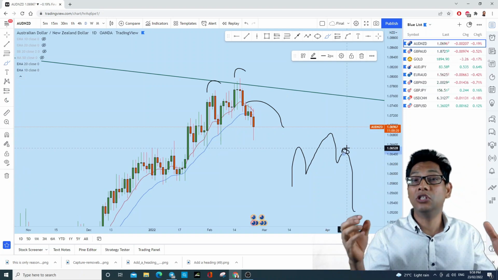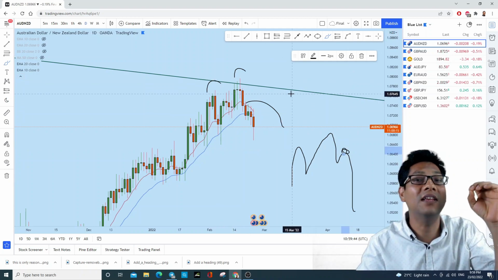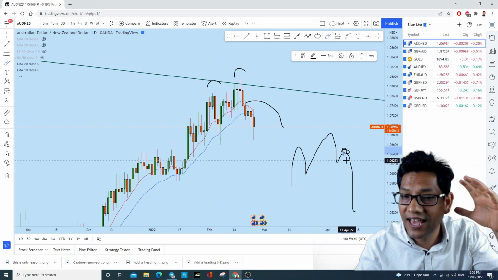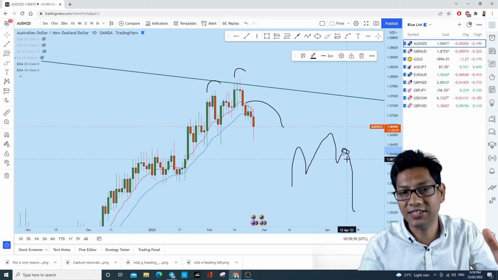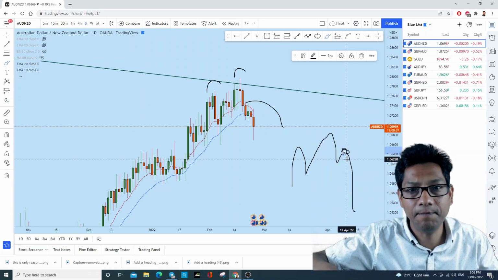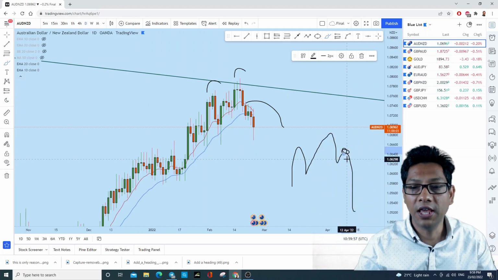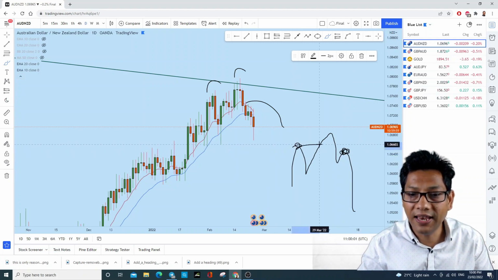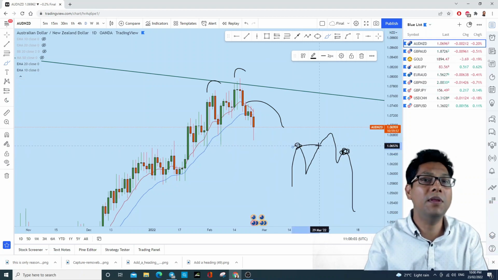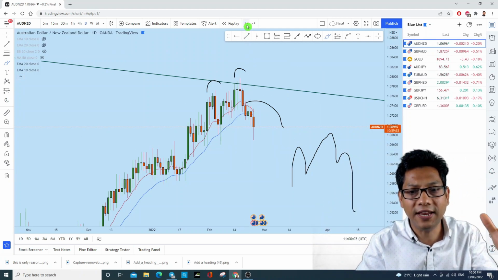See, there is a strong resistance here, and this head and shoulder is formed in this monthly resistance. And when you see a head and shoulder at this important level of resistance, let's say it was in an uptrend and then the price created a head and shoulder, if you see that the right side is a bit lower than the left side, it's a high probability that the price will drop. This is one important clue you can keep in mind.